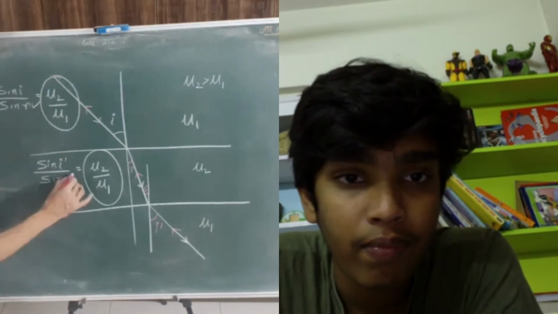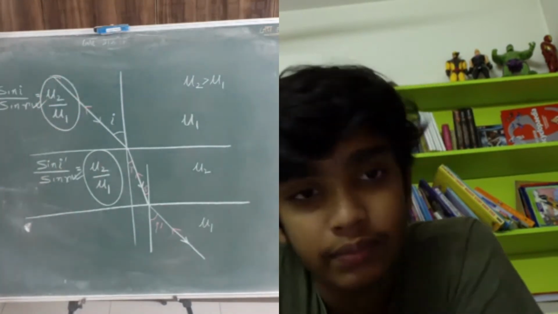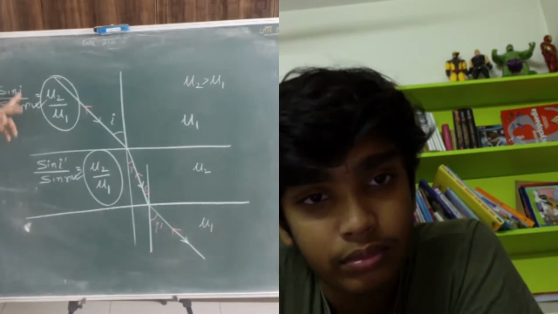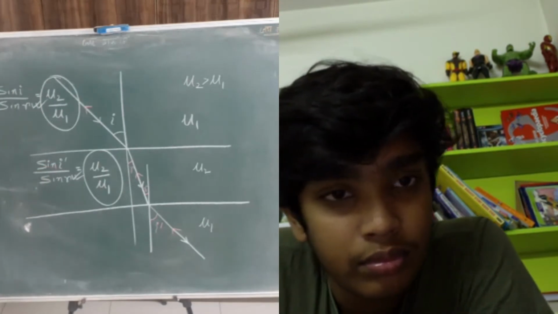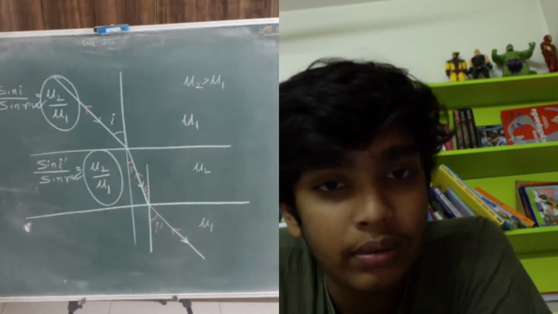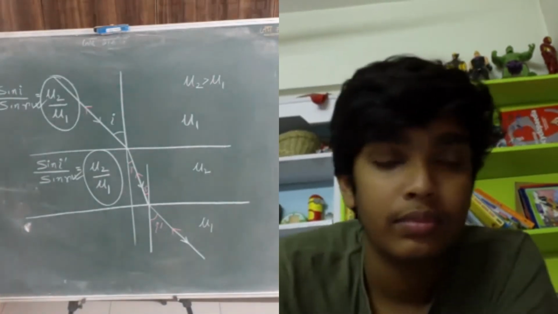They are common, right? So what will be your understanding of I and I prime? What relation are they ought to share? They are equal. Therefore, what can we say?